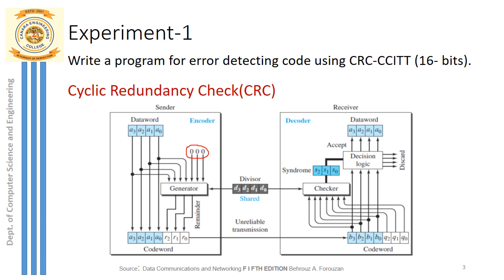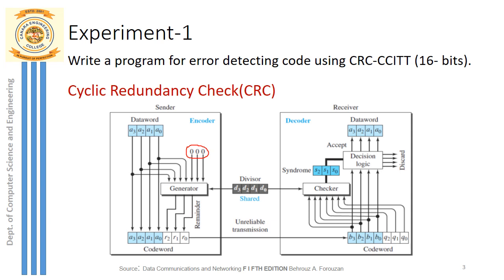So this generator will be performing a CRC binary division operation by using a divisor. In this example, we consider a 4-bit divisor, and the data word along with the augmenting word as the dividend.